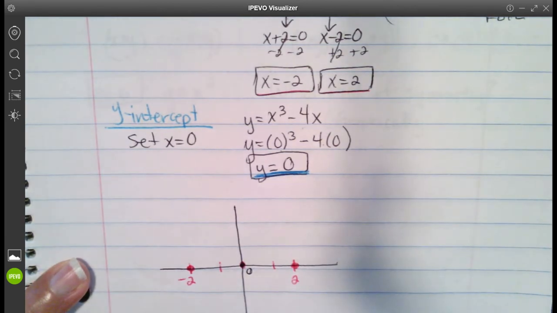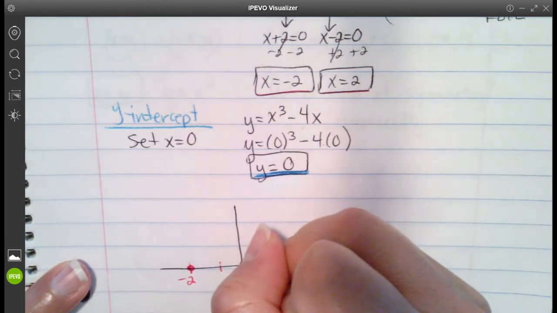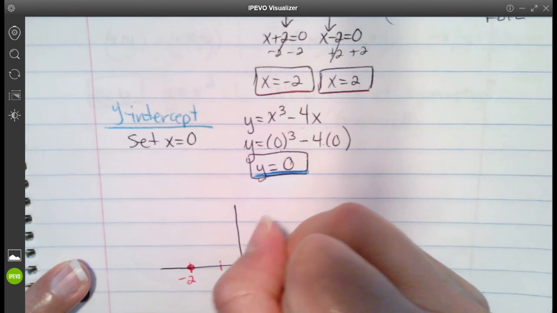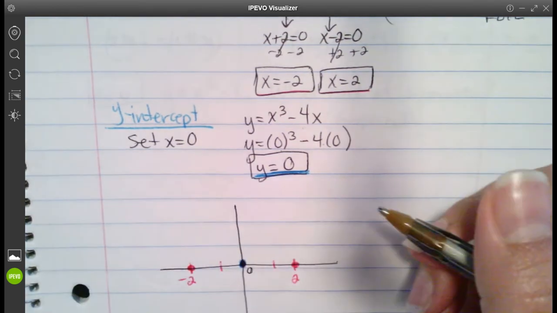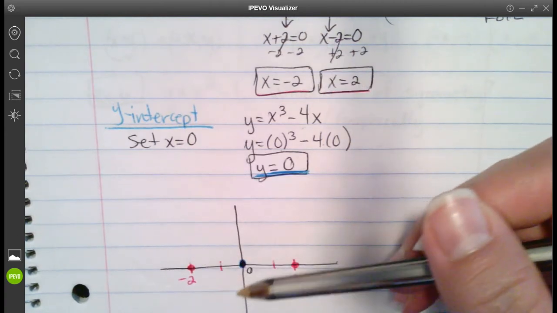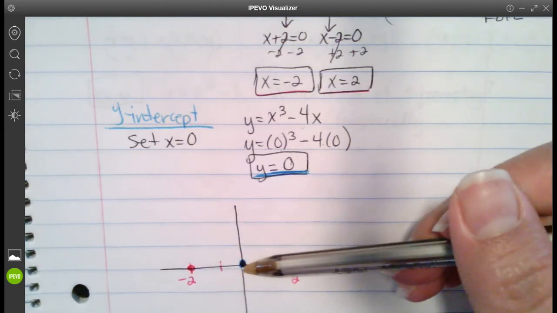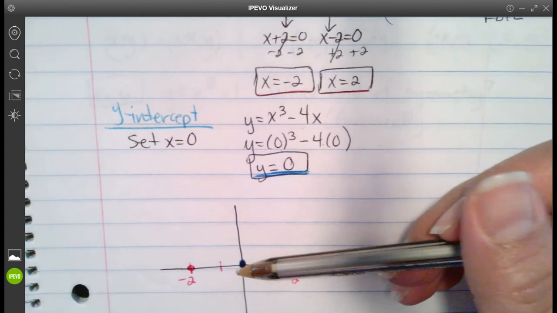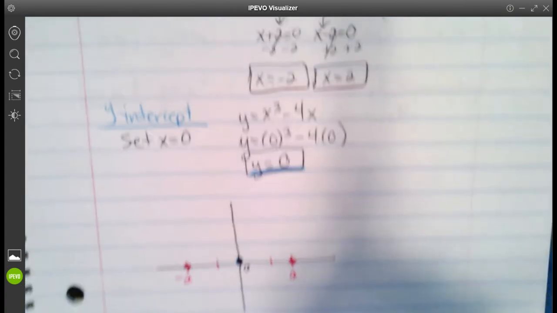And I have a y-intercept at 0. So what could this graph look like? Well, it's not going to be a parabola because if it was a parabola, it would skip this one entirely.